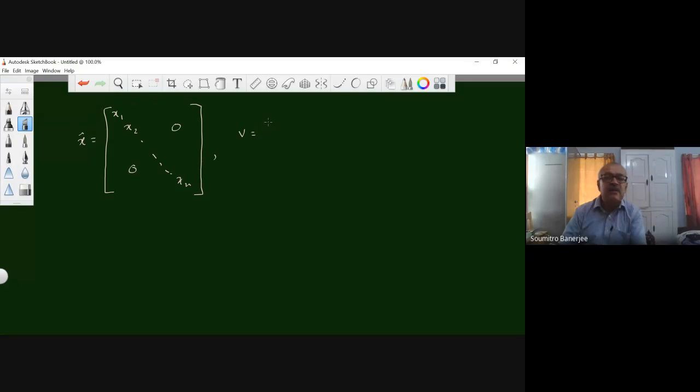For example, if you have V as half k x square, as in the harmonic oscillator, it will be half k times x1 square, x2 square, xn square, and the rest zeros.